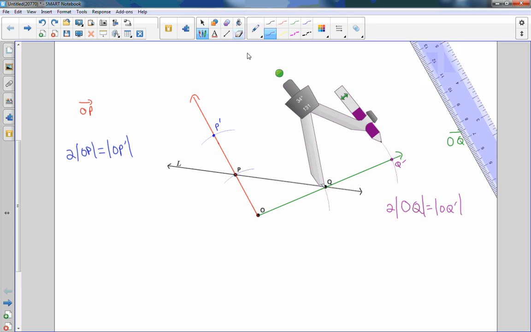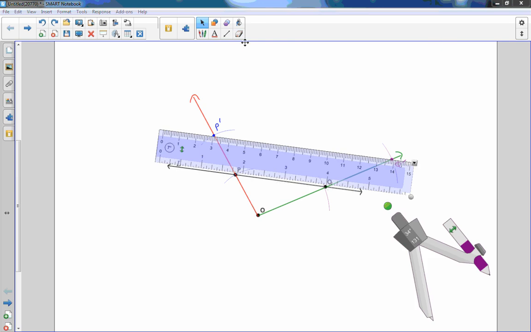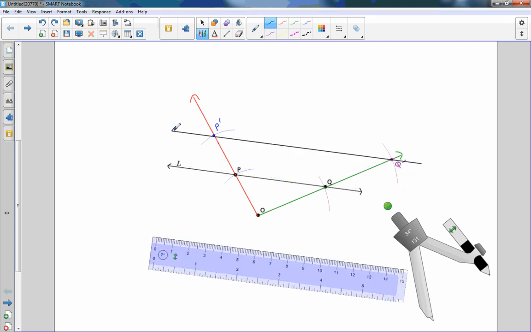Okay, so now let me just move this stuff out of the way here. Now I've put my ruler on P prime and Q prime, and now if I draw a line through P prime and Q prime up here, I'm going to name that L prime.